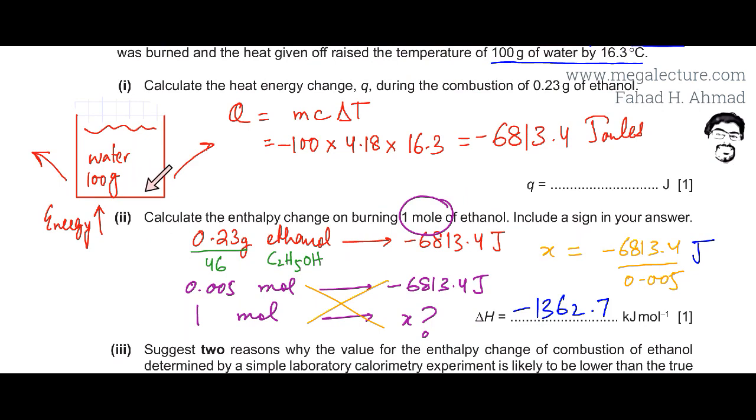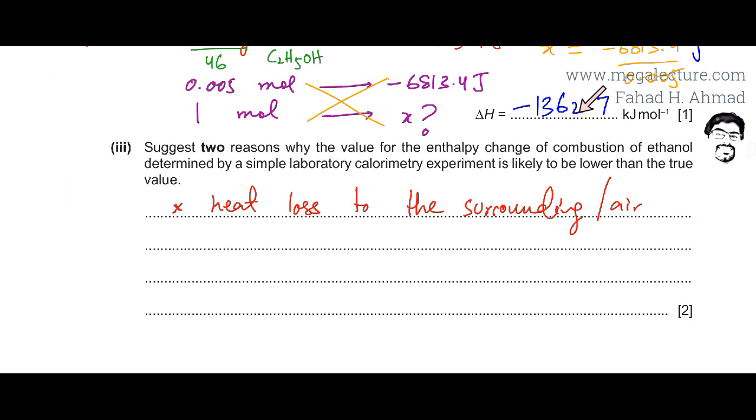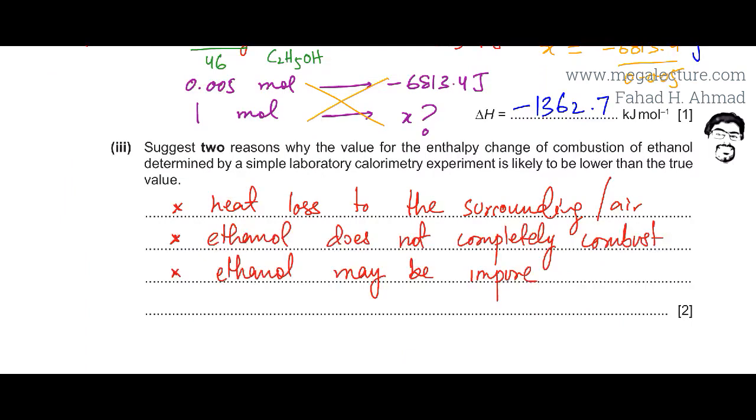Because energy is lost, your calculated energy absorbed by the water is going to be lesser. So your eventual answer is going to be lower than the original value. The other reason that I can think of is that ethanol might not completely combust, because if you're burning ethanol, a lot of it, because it has a low melting and boiling point, might simply evaporate and mix with air, and would avoid combustion.